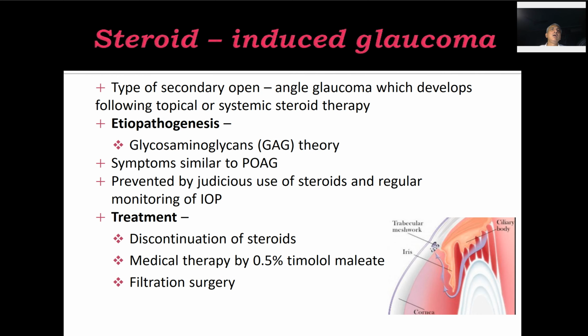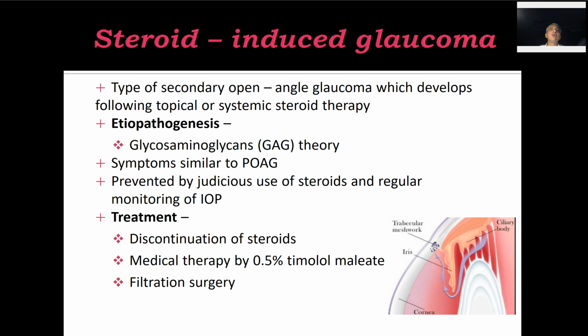So if you give them and they use them uncontrolled, people who are typically steroid responders, which includes patients who are myopic, will have raised intraocular pressure. Initially, the disease can be reverted by stopping the steroids, but later on it will become permanent. So treatment is discontinuation of the steroids, medical therapy with beta blockers or alpha agonists, and filtration surgery if it becomes a disease which is not controlled.